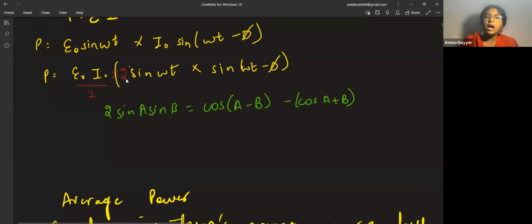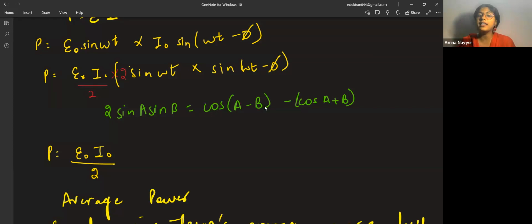Now, after multiplying and dividing by 2, we are at least getting a concise form of the equation. So E naught into I naught divided by 2 is remaining here. What are we getting? Cos A minus B, that is omega t minus omega t minus phi. Omega t will be cancelled, phi will be there, so that becomes cos phi. Why?